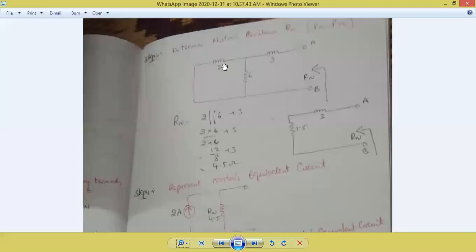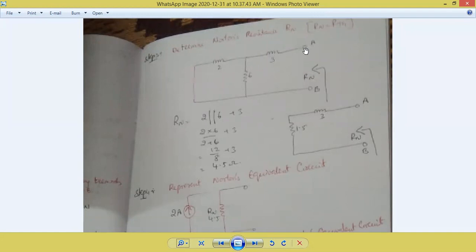So first we have to check whether 2 and 6 are connected in series or parallel. How to explain that? Imagine current is coming from the terminal A. That current flows through the 3 ohm resistor and comes to this junction or node. Then what will happen to the current? Tell me all of you. Does the same current flow through the 2 and 6? If the current divides into 2, then it is in parallel.